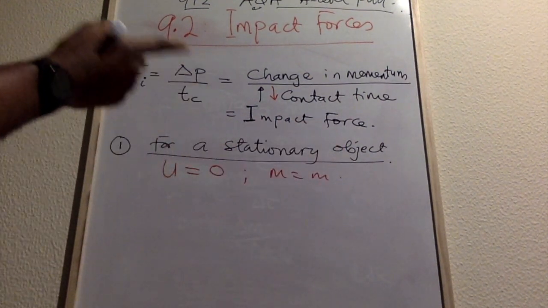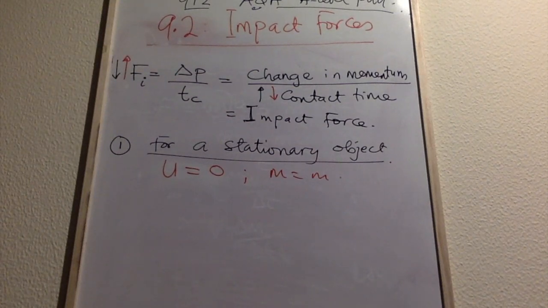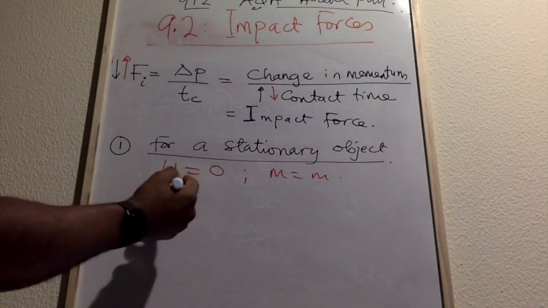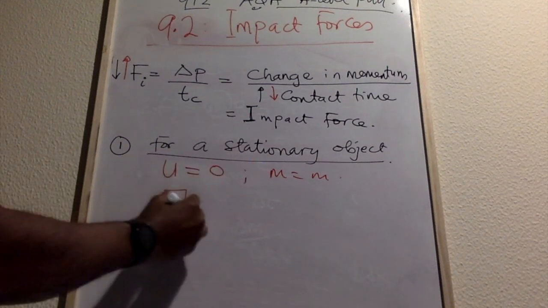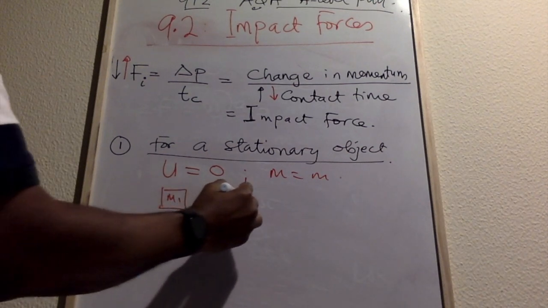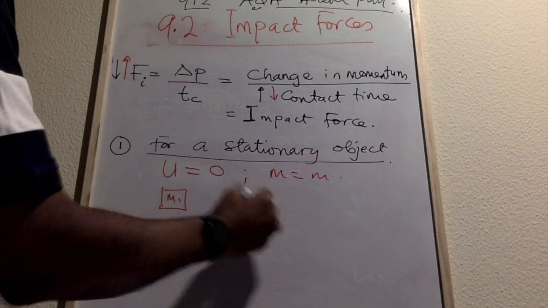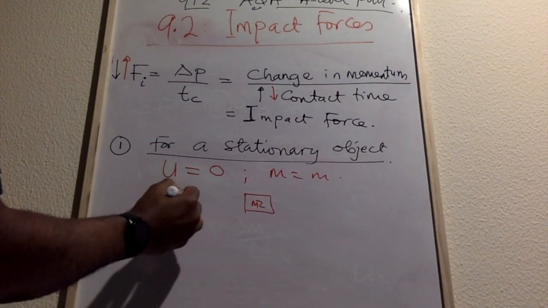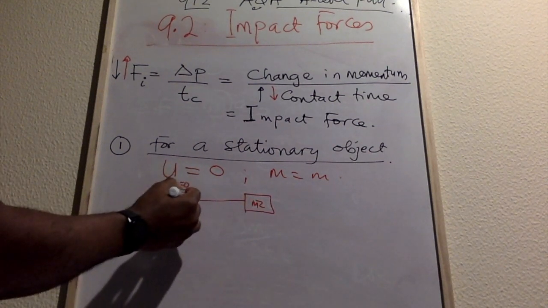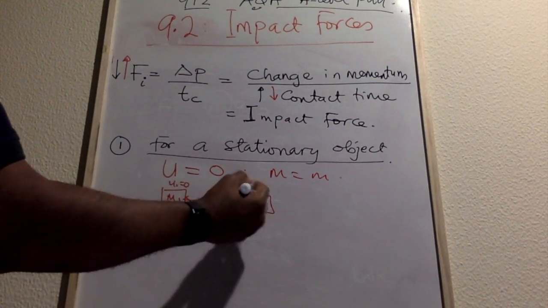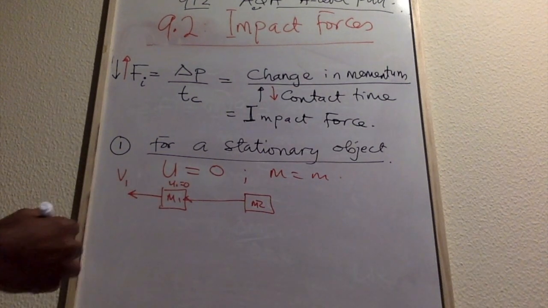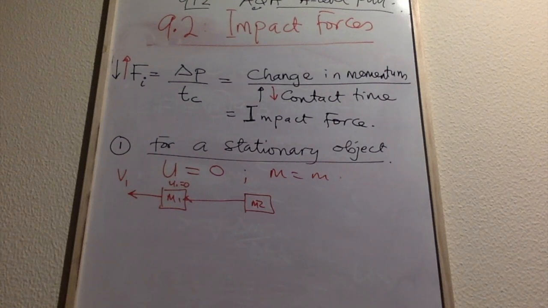If the object is stationary and suddenly there is a collision, we have an object m1 and another object m2. This object is stationary, so u1 will be 0, and then suddenly there is a collision with m2, which is coming, and it causes m1 to move and gain a new velocity v1.